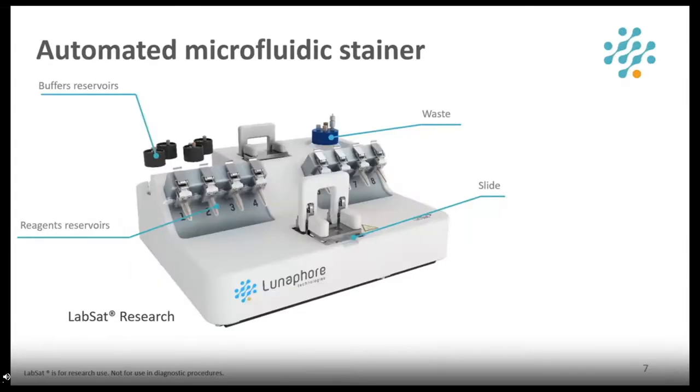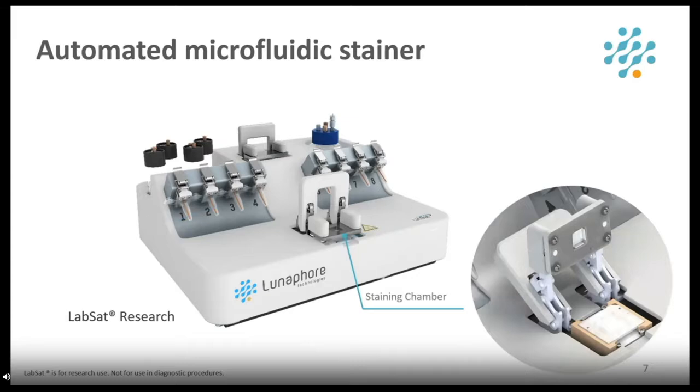The MTP chip is integrated in an automated device that is called LabSat Research. Reagents are simply loaded in 8 standard Eppendorf tubes, and buffers are stored in 4 Falcon tubes. The chip is placed in a staining chamber maintained by a lid, ready to be clamped against a slide.